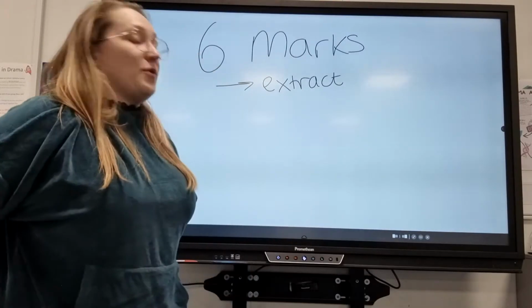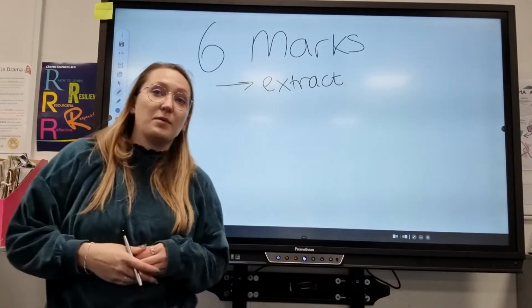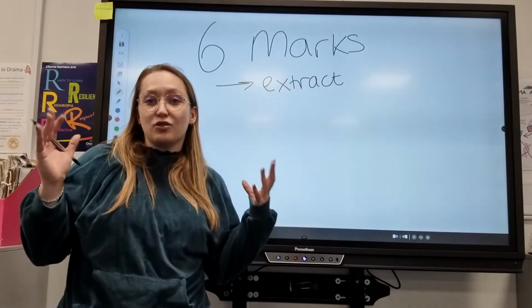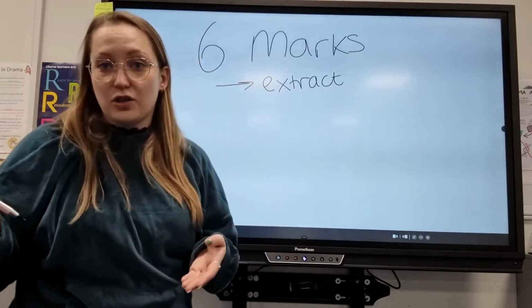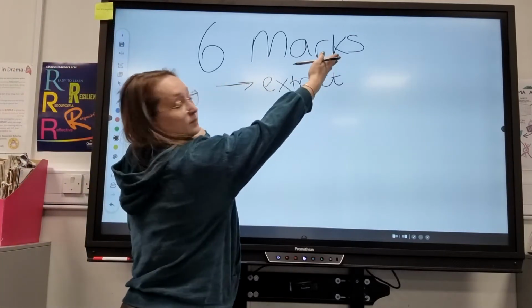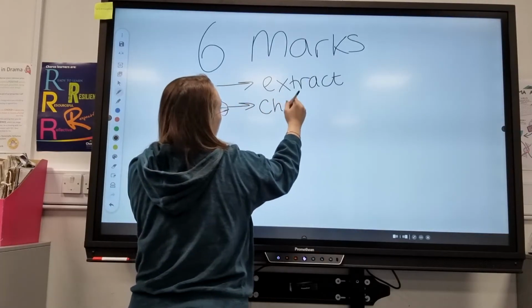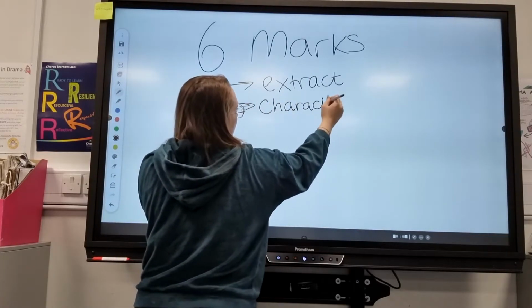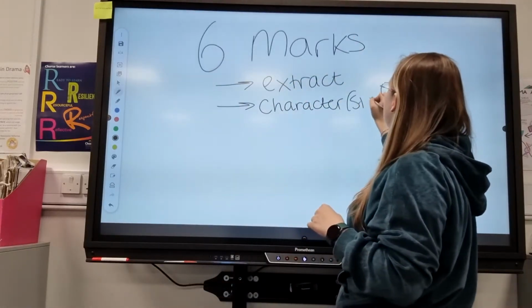So for example, it will say a short statement about that character. So it will say, John Tate is trying to keep control, or Phil is proving he is in charge. Okay, so it's basically saying a statement about the character that the question is focused on. So same as the 4 marker, however, this time we have a statement too.